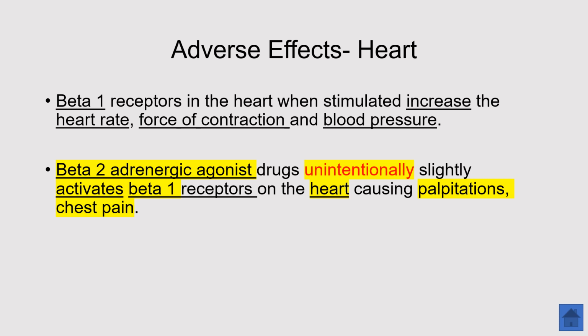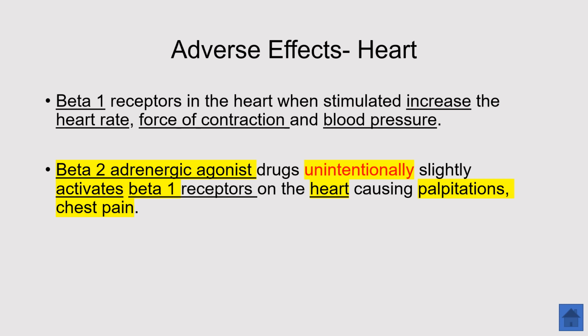Now let's look at the adverse effects of the beta-2 adrenergic agonist. Remember, beta-2 adrenergic receptors are present on the lungs, and when activated they produce bronchodilation. There are also other beta receptors, the beta-1 receptors, present in the heart.